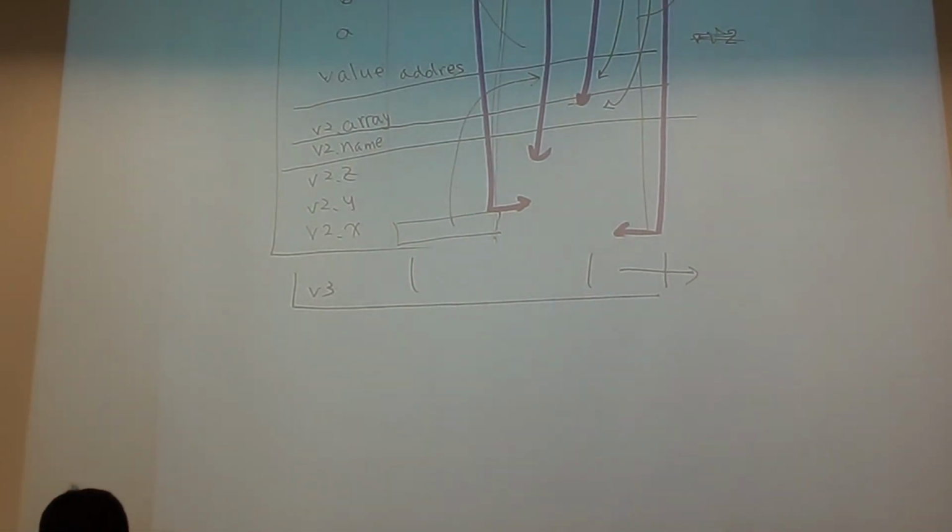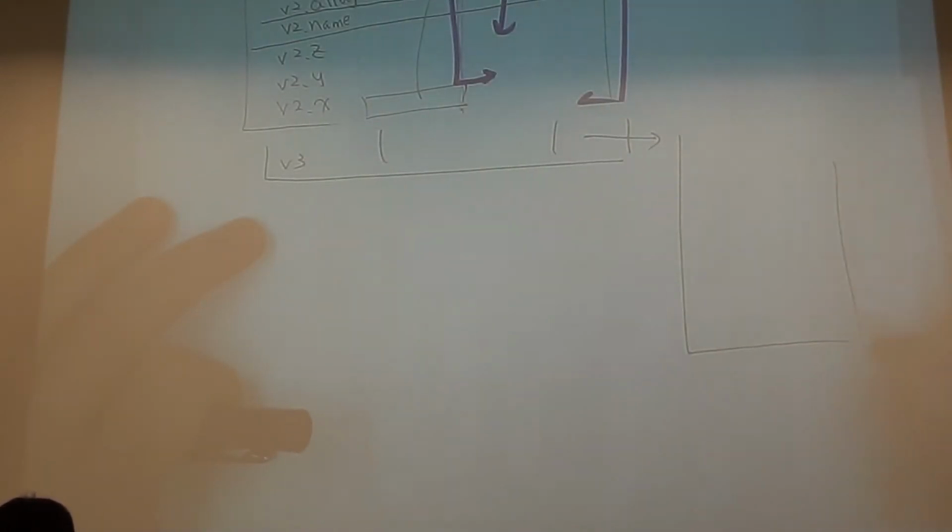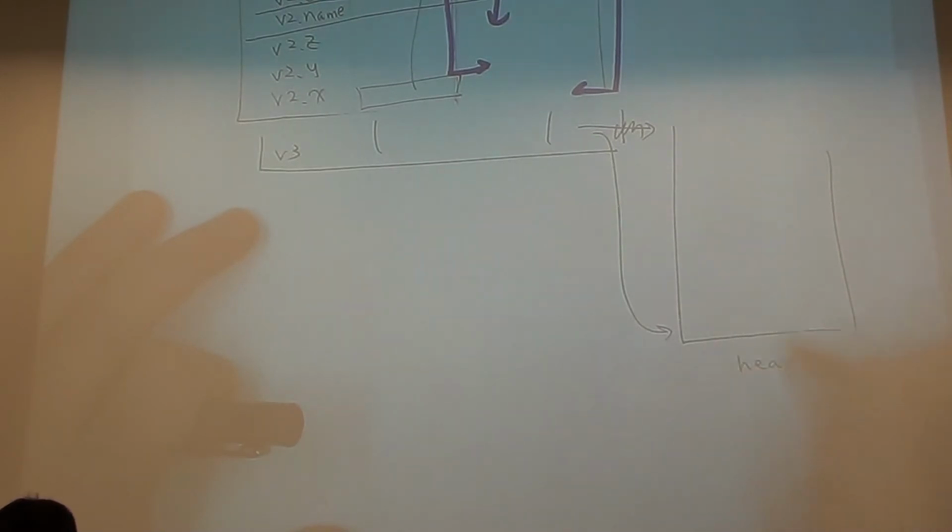So you have to say v3 equal to malloc, and what that means is your v3 will point to heap memory, and here you have a v3.x, v3.y, v3.z, name and an array.